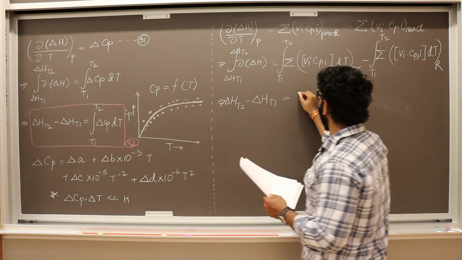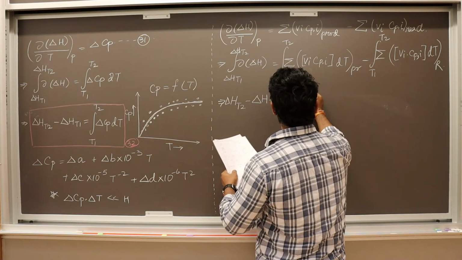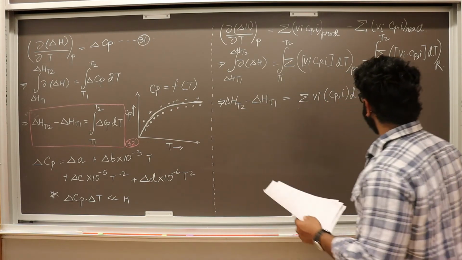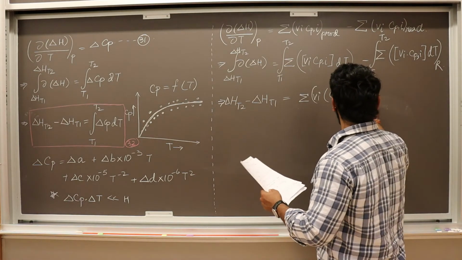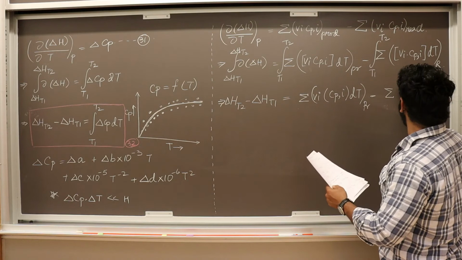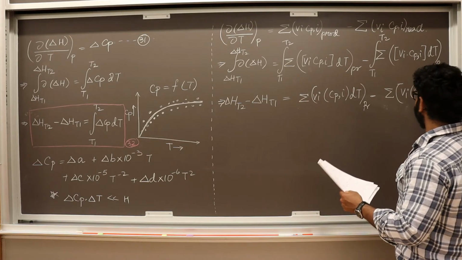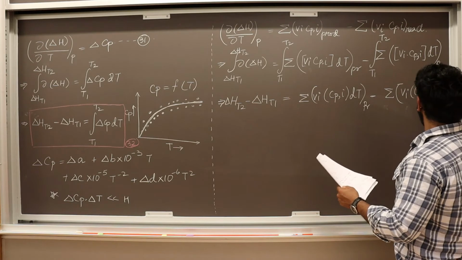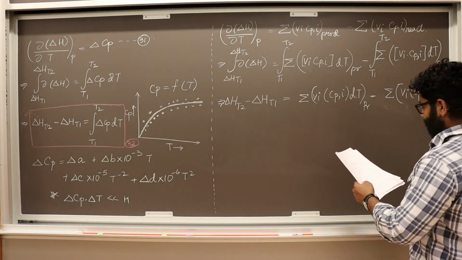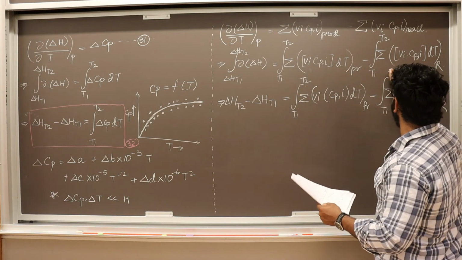So this comes out, for the products minus the reactants, T1 to T2, T1 to T2.